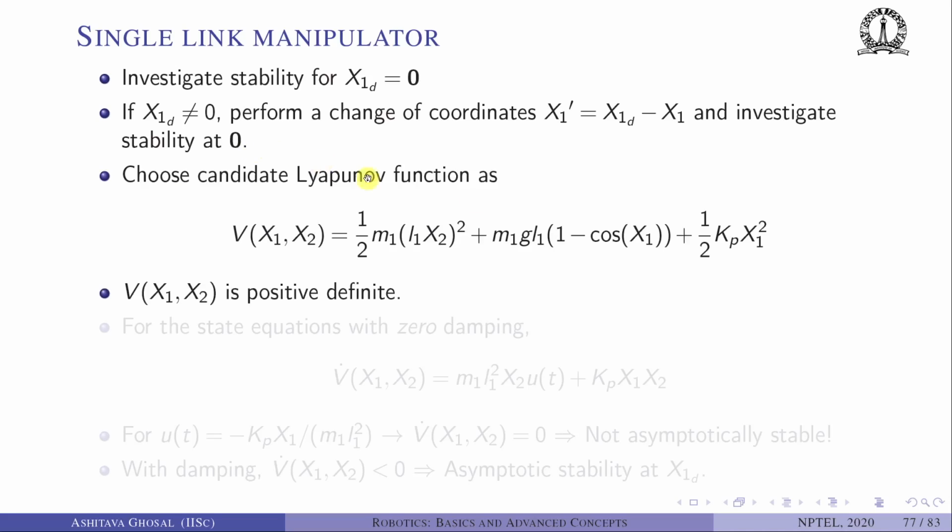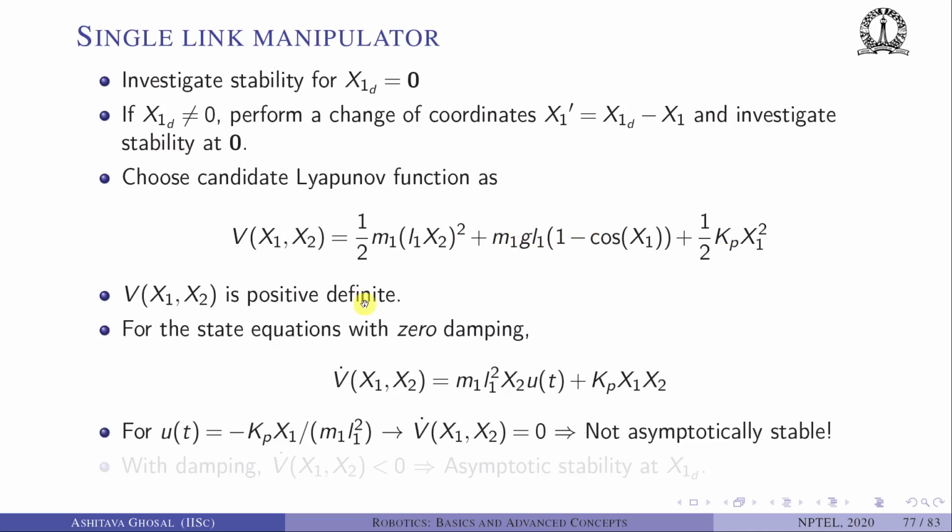Okay. So we choose a candidate Lyapunov function, and again as the kinetic energy plus potential energy, but let's add one more term which is half Kp into x1 squared, where Kp is the proportional gain. Okay, so this term is positive, this one is also positive, so the sum of these two functions is positive also, so it is positive definite.